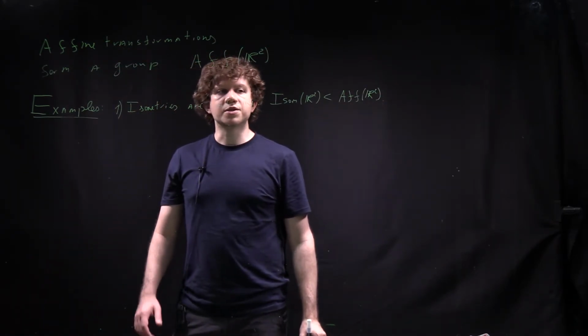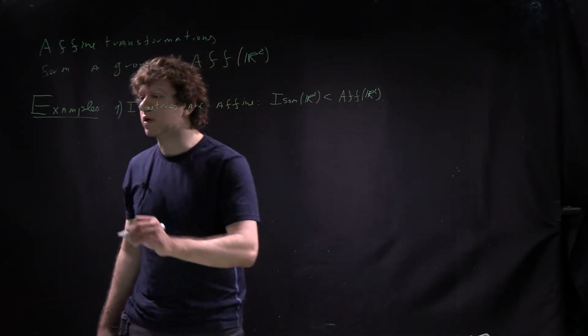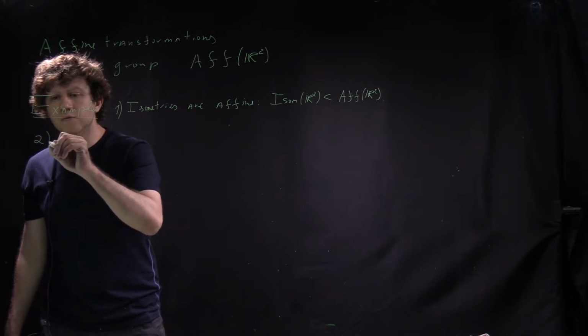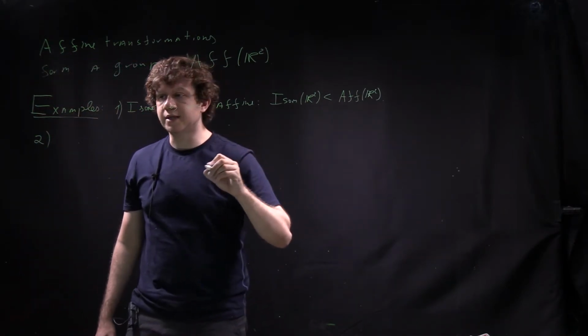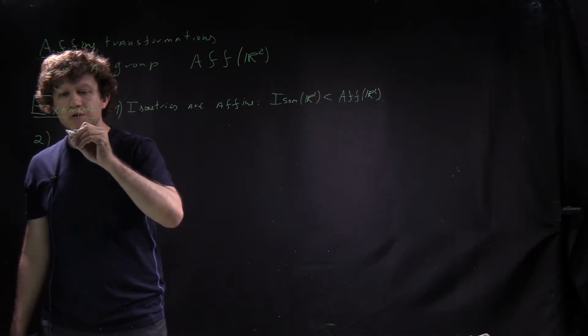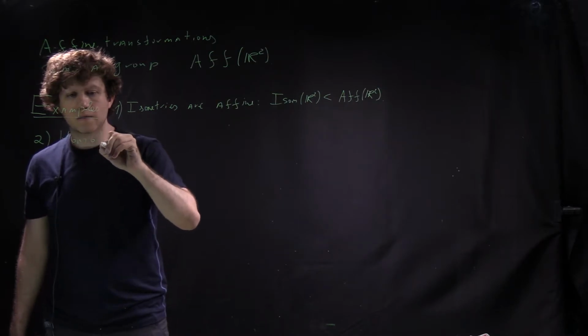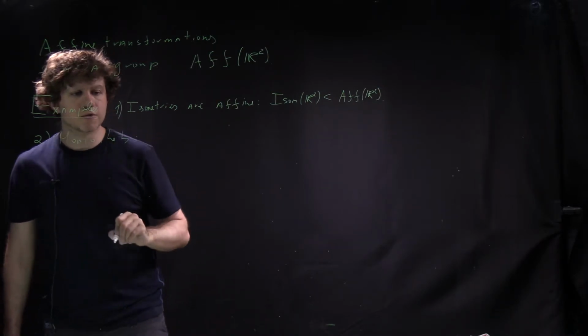So maybe we want something which is not an isometry, and that's also easy to do. So what we can do, we can take the following transformation. This is something which is called homothety. So this is an example.